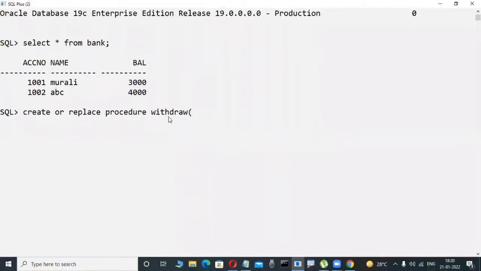Now here, create or replace procedure withdraw. Suppose here I'm passing the account number. Okay, fine. I'm passing the account number, and the amount also, because I try to withdraw. Like the ATM card. And here I'm passing the amount. Okay.